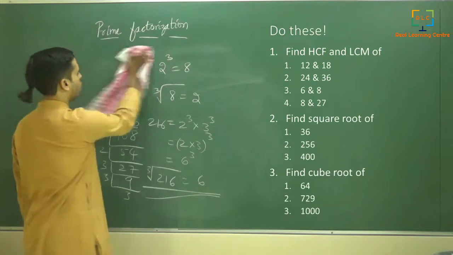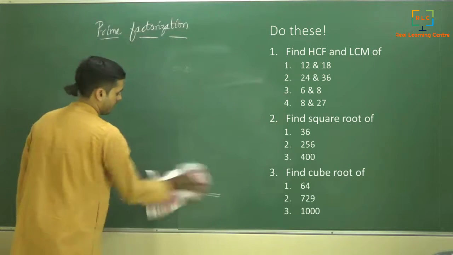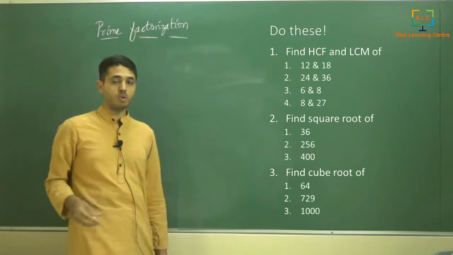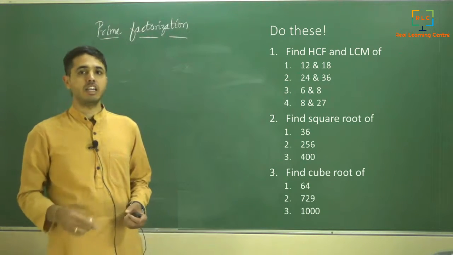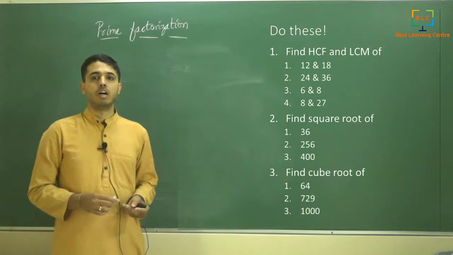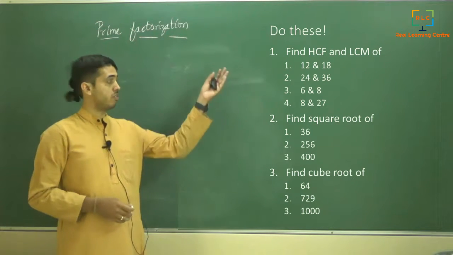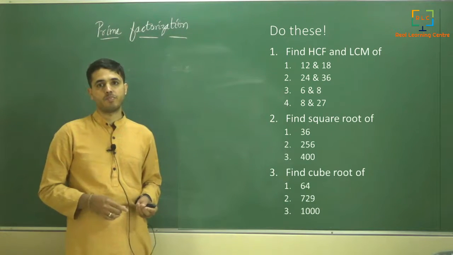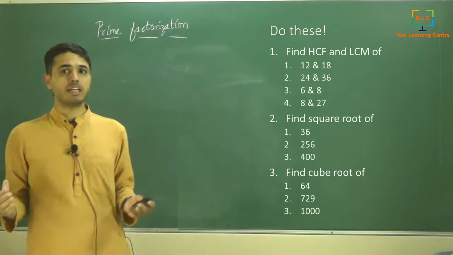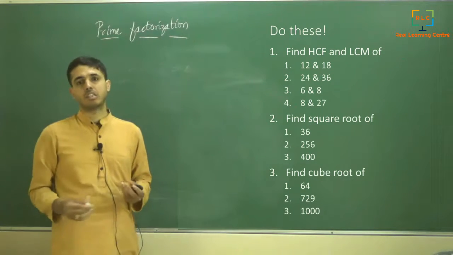Having learned how to find HCF, how to find LCM, and how to find square roots and cube roots, we want you to strengthen this understanding and these concepts by solving these problems and understand how we can use prime factorization in various applications. But when the number becomes too huge, we saw that factorizing it into its prime numbers becomes quite difficult.